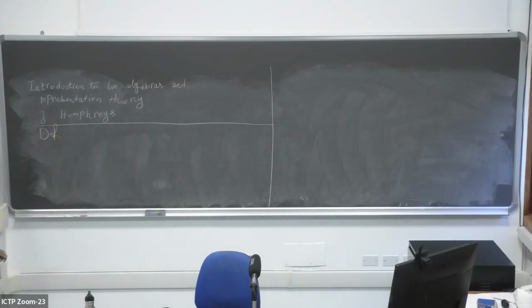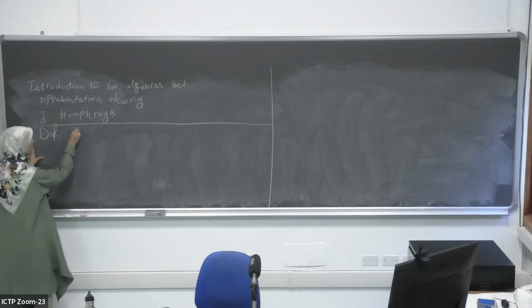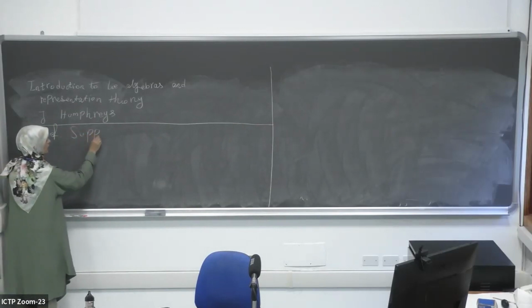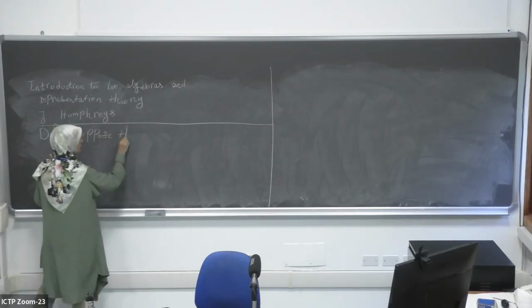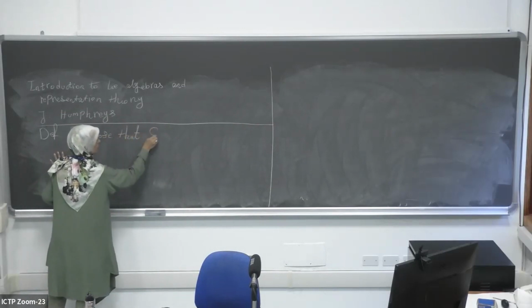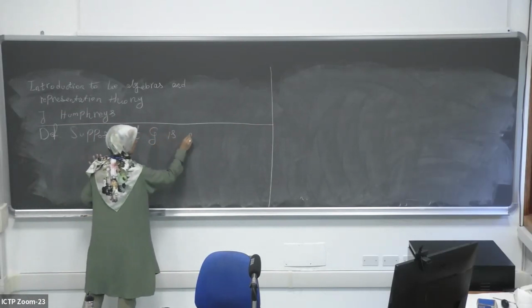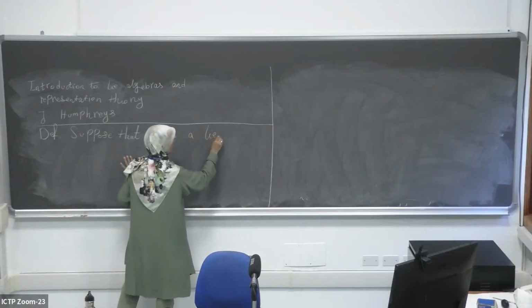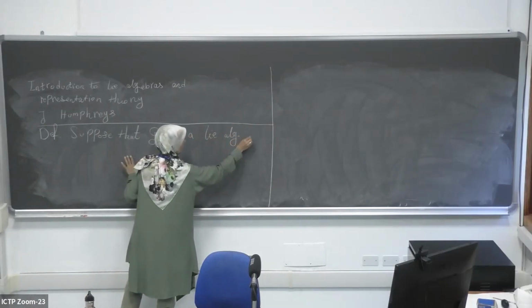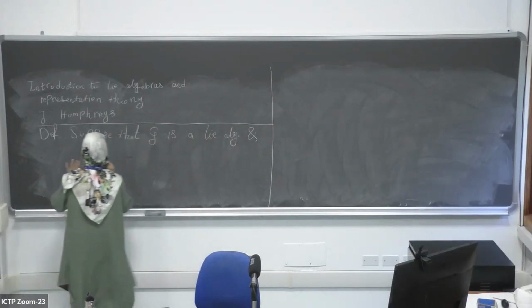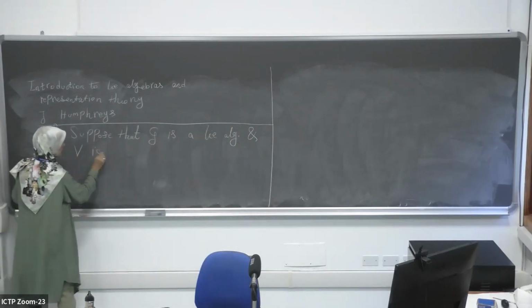Let's continue the topic of this morning. I want to start with a definition. Suppose that G is a Lie algebra and V is a vector space.